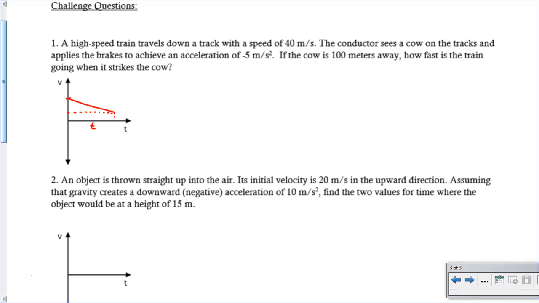Just to make it look a little neater, I'm going to call this 5t. Again, remember that was our change in velocity. And then over here on the bottom, this is the remainder. 40 minus 5t is this spot here. It's what's on the side of that rectangle. 40 minus 5t.